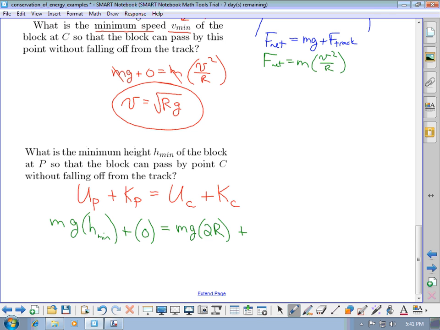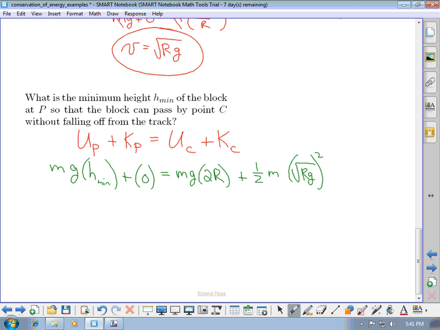And the kinetic energy that I have here is 1/2 times the mass times the square root of rg squared. So if I solve this, I get mg times the minimum height equals 2mgr plus 1/2 mgr.